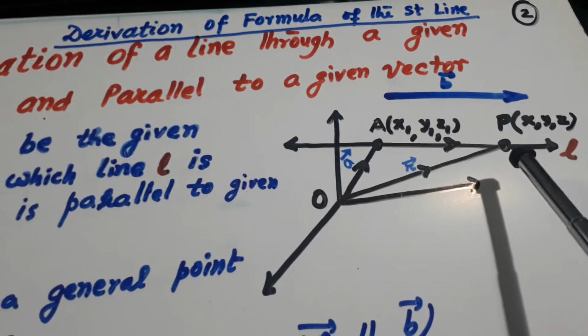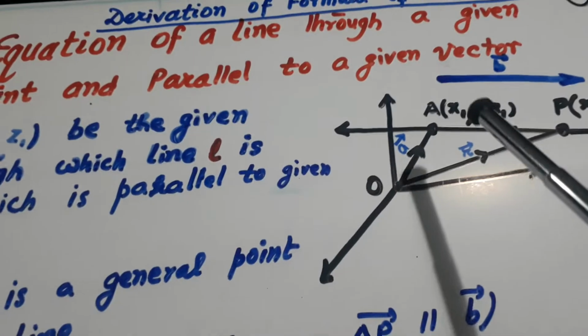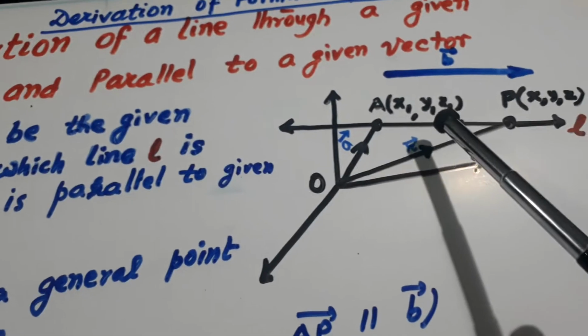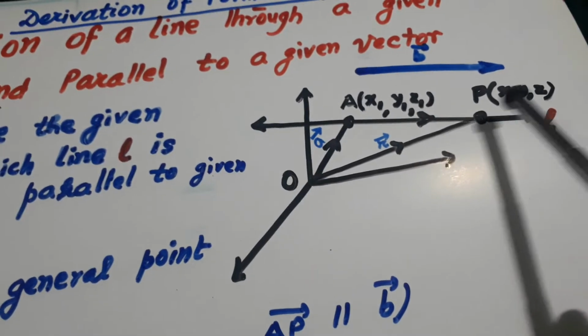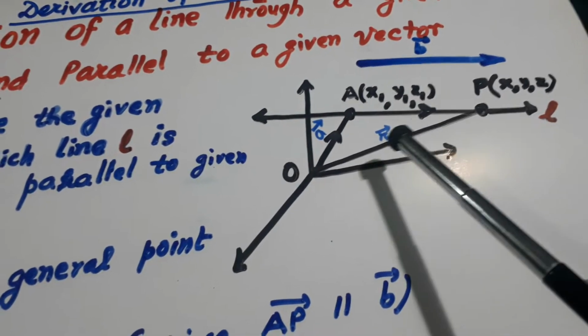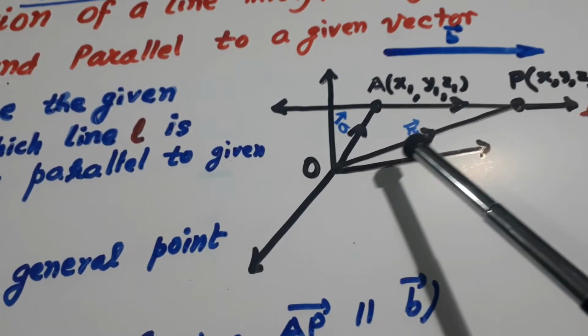It is passing through the point P, x1, y1, z1. A is a general point on the line. Its coordinates are x, y, z. If we join this, it becomes the position vector. So this is R.